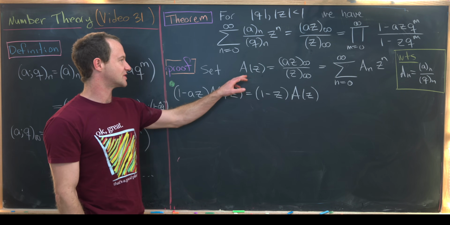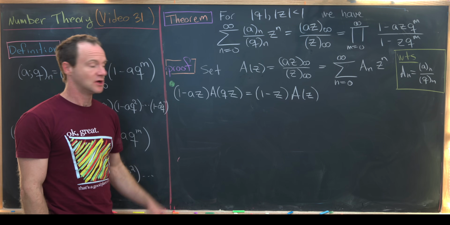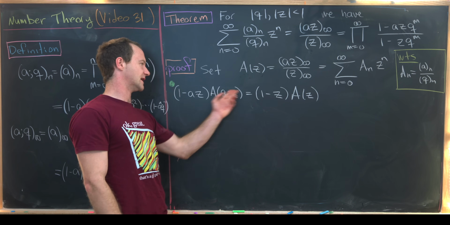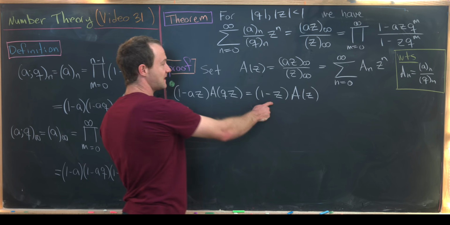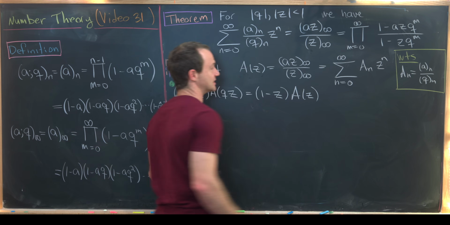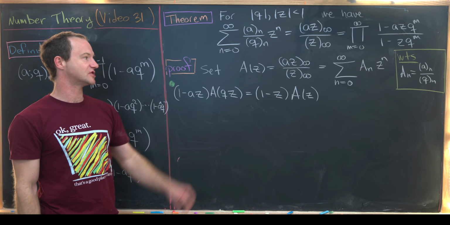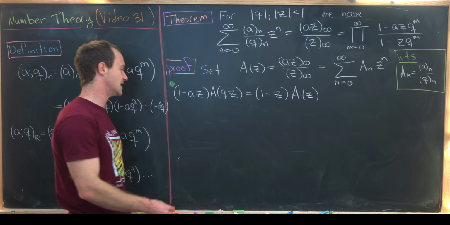After defining our function capital A of z, we just derived the following nice equation involving A of z. Now we want to put that into our expansion and see if we can get any information about those coefficients a of n.